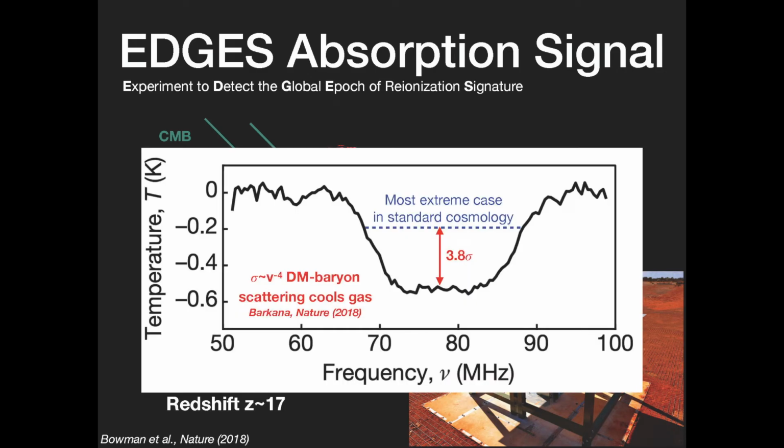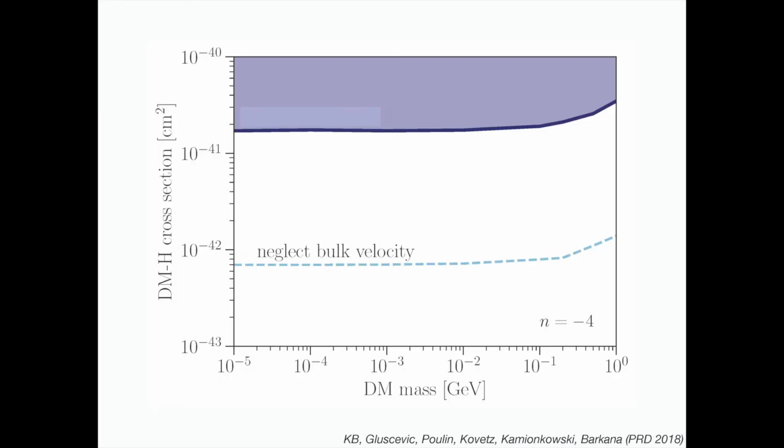The accompanying theory paper said, aha, a v to the minus 4 dark matter baryon scattering can get the job done. And you can ask the question, does that align with other cosmological observables that we have, namely from the CMB? If you were to naively do things, you would need this cross-section to explain the EDGES result. And that looks perfectly fine.